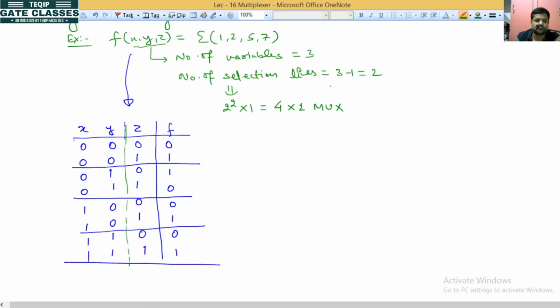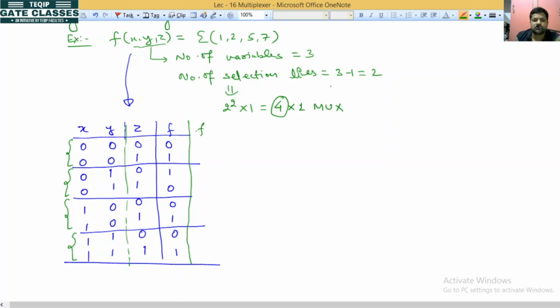Now if you see here, we have only how many inputs? 4 inputs. So this is one input, second input, third input and fourth input. For this you have to establish one relation between Z and F. How does this one variable get eliminated here?